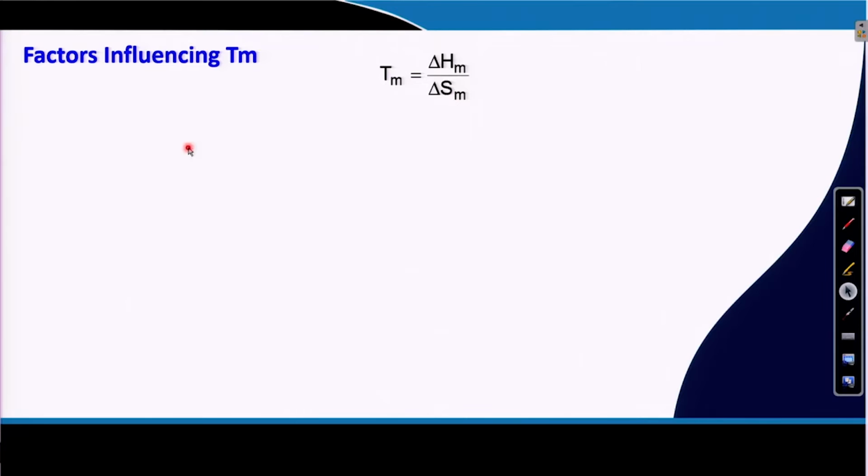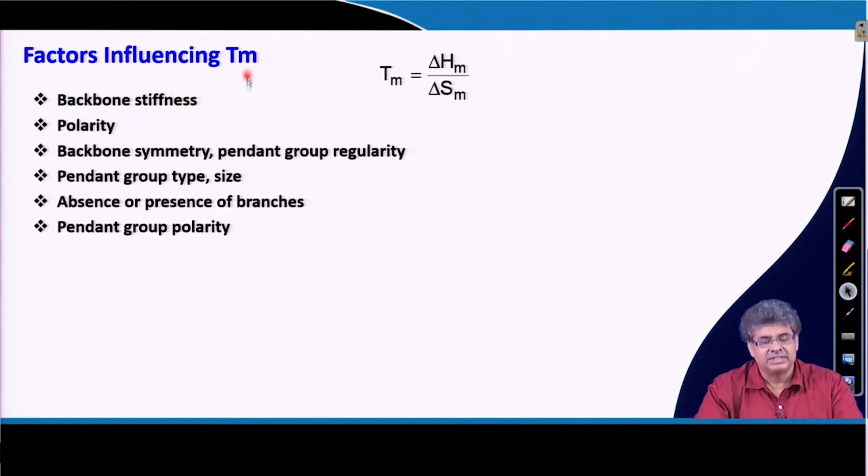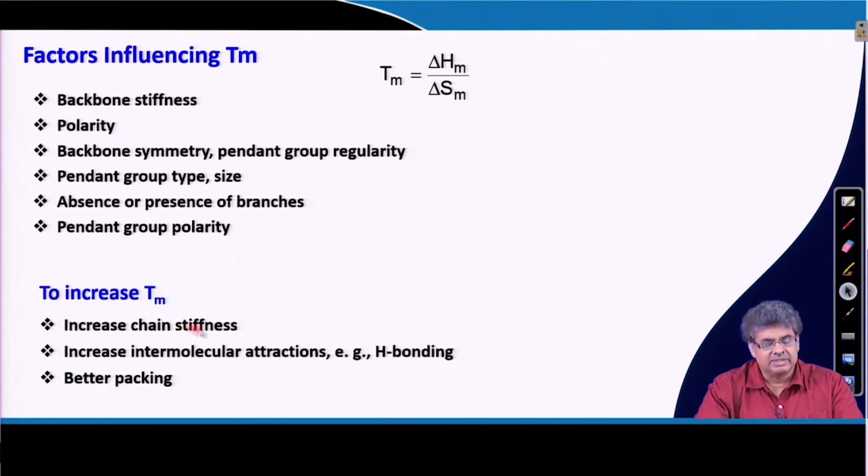In the last slide of the last lecture, I went through the different factors which can influence the value of Tm, and I discussed that increased chain stiffness, increasing intermolecular attraction between polymer chains, and simpler structures which enable better packing will increase the Tm, because these factors actually help in the crystallization process.